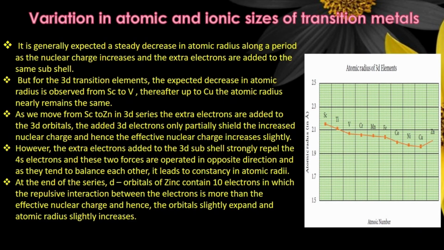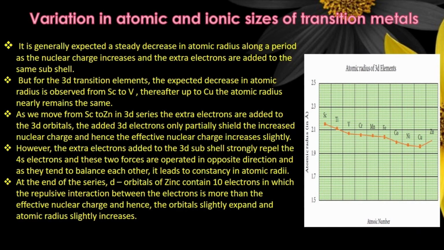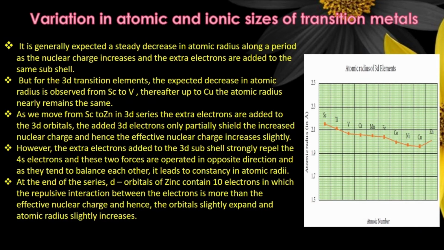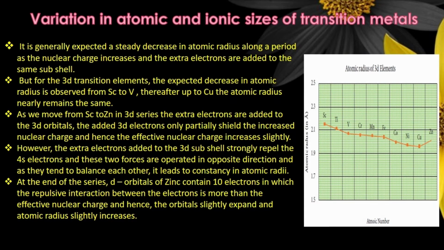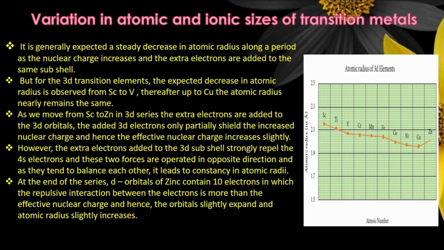Now look at the atomic radius of zinc. It is larger than expected. If you consider the electronic configuration of zinc, it is argon 3d10 4s2. So in zinc, the 3d orbital is fulfilled as well as 4s orbital is fulfilled.